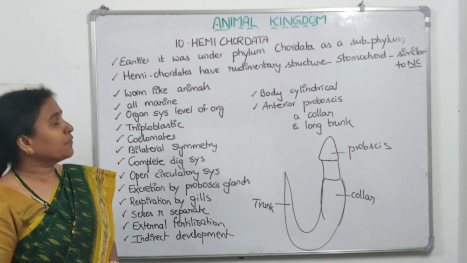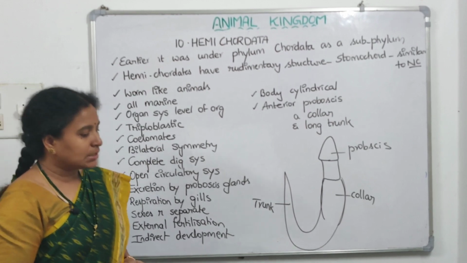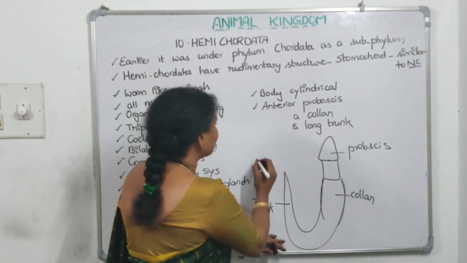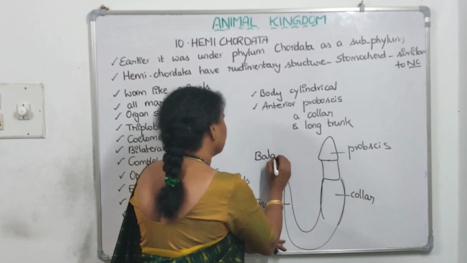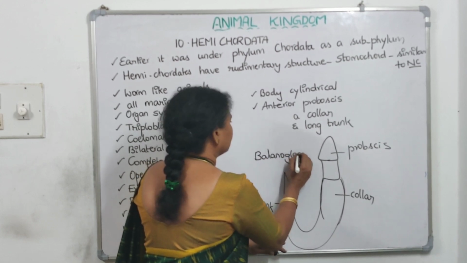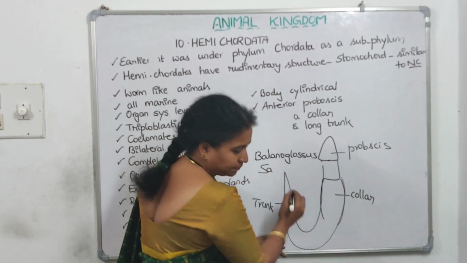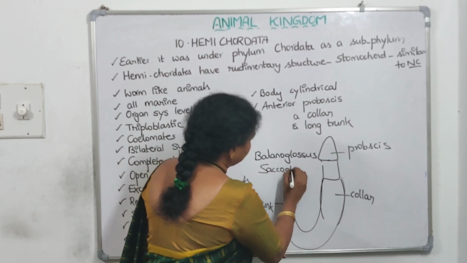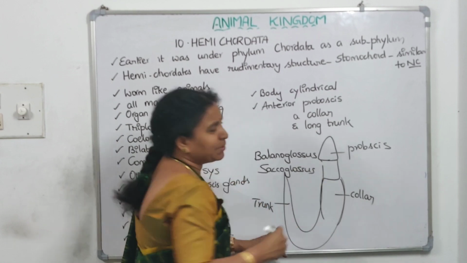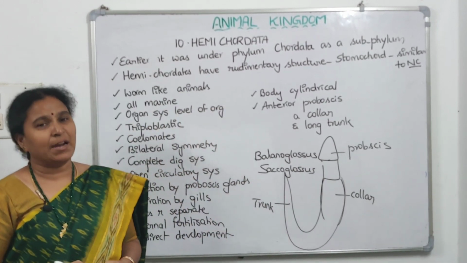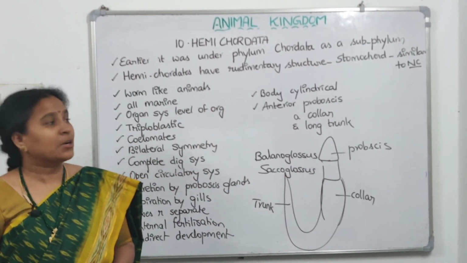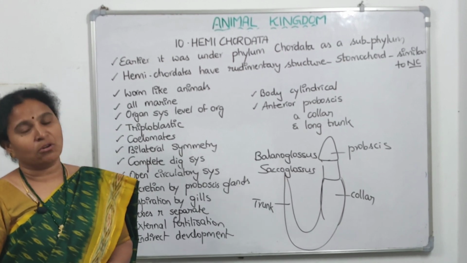Now the two examples of hemichordata are balanoglossus and sarcoglossus. What we draw is balanoglossus. Other one is sarcoglossus. Now since only two examples are there, I think there is no code required for these things, right? Examples for hemichordates are balanoglossus and sarcoglossus.